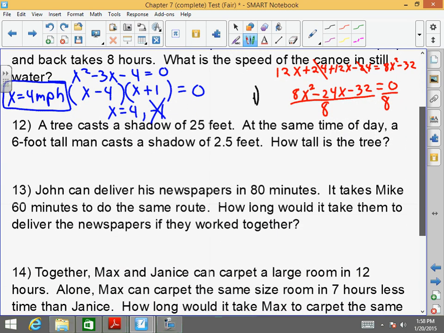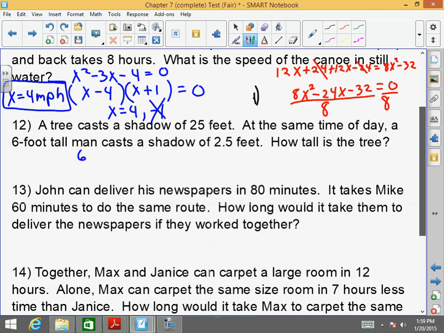Number 2, some people actually got number 2 wrong. A tree casts a shadow of 25 feet. At the same time of day, a 6-foot tall man casts a shadow of 2.5 feet. How tall is the tree? I saw people making these crazy equations that I really stopped and said to myself, who taught them this? Because I taught you to make a proportion.